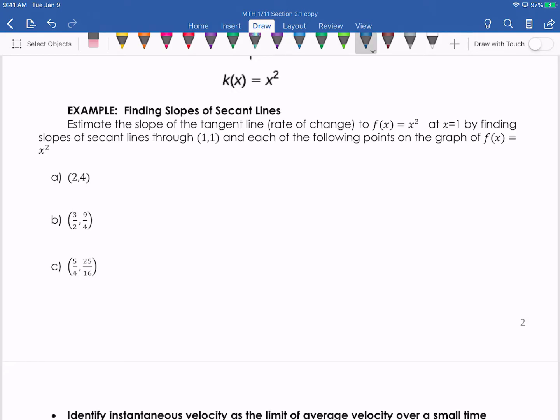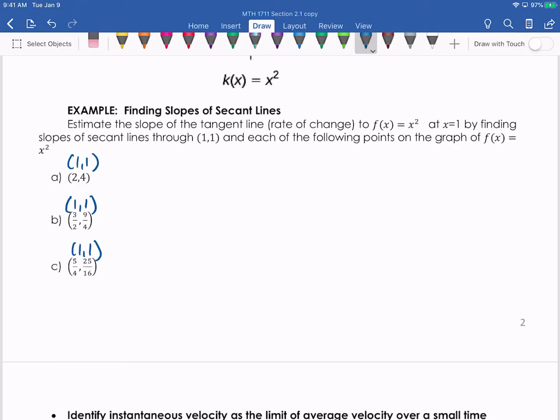So we're going to use the point (1, 1) because that's the point we're trying to approach, and we're going to start with the second point at (2, 4). Then with part B, we're going to move closer by going to (3/2, 9/4). And then point C, we're going to get even closer using (5/4, 25/16).